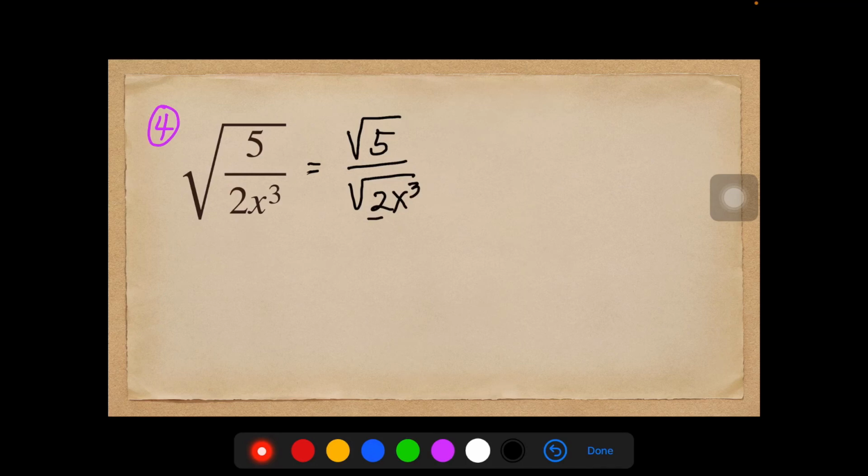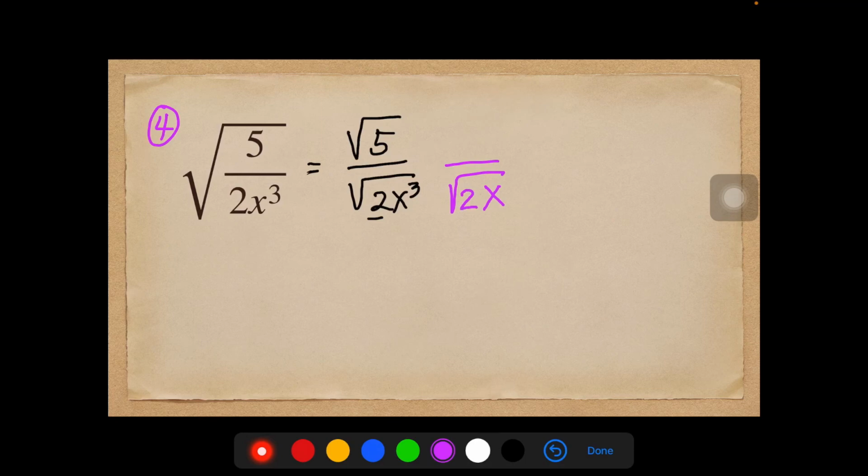We have 2 here. So what are we going to multiply so that it will become a perfect square and we can rationalize the denominator? Of course, if we multiplied a while ago the expression without the 2 with square root of x, then because it has already 2, what makes it a perfect square number? We have to multiply another 2.